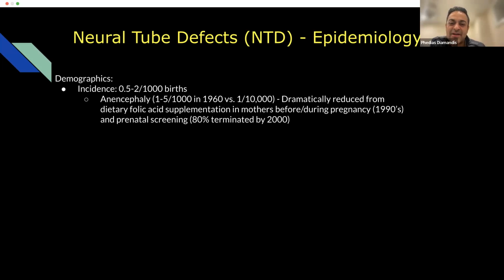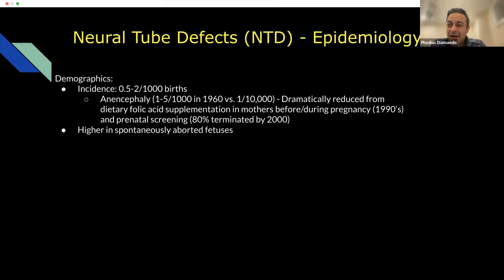The reason for the dramatic reduction in the past decades has really been from the association of folate and dietary supplementation with folic acid, and then really prenatal screening that has reduced the number of births with these defects by 80% through early termination of fetuses with these severe neural tube defects.